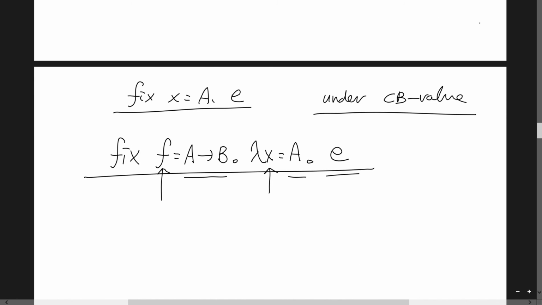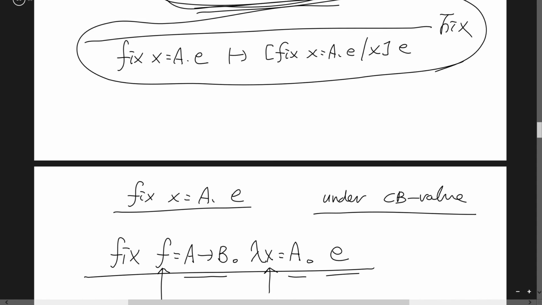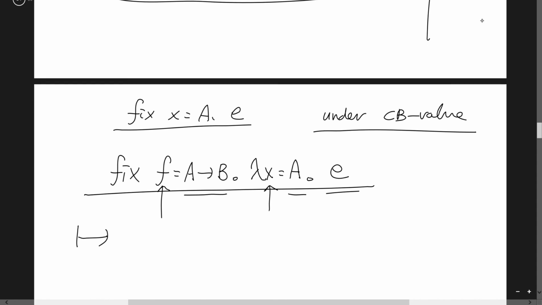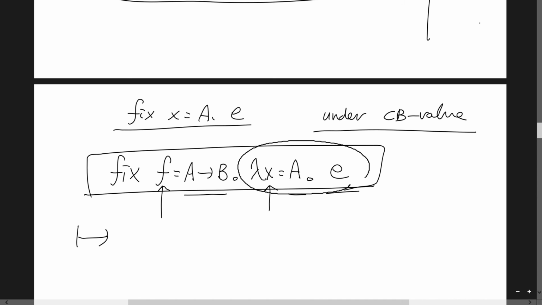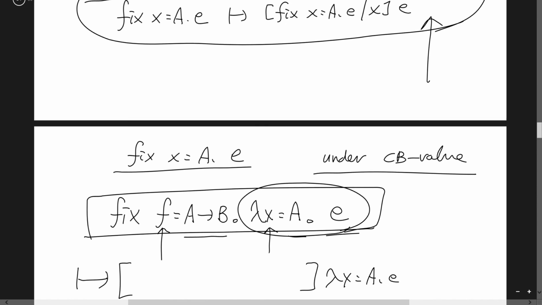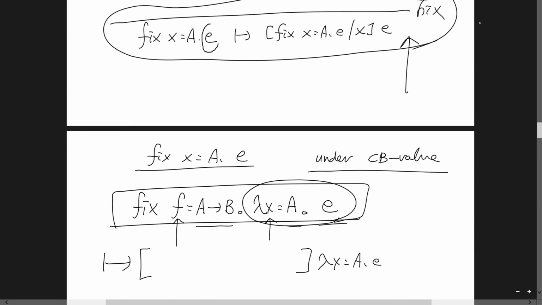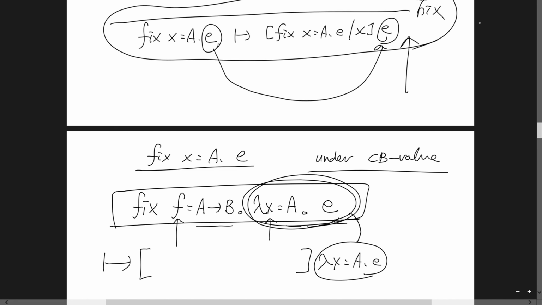Then according to the reduction rule here, what happens to this fixed point construct? We make a copy of this lambda x a dot e, and we make a copy of this one here, and similarly a copy of this lambda abstraction here, and substitute the whole fixed point construct for this variable x.